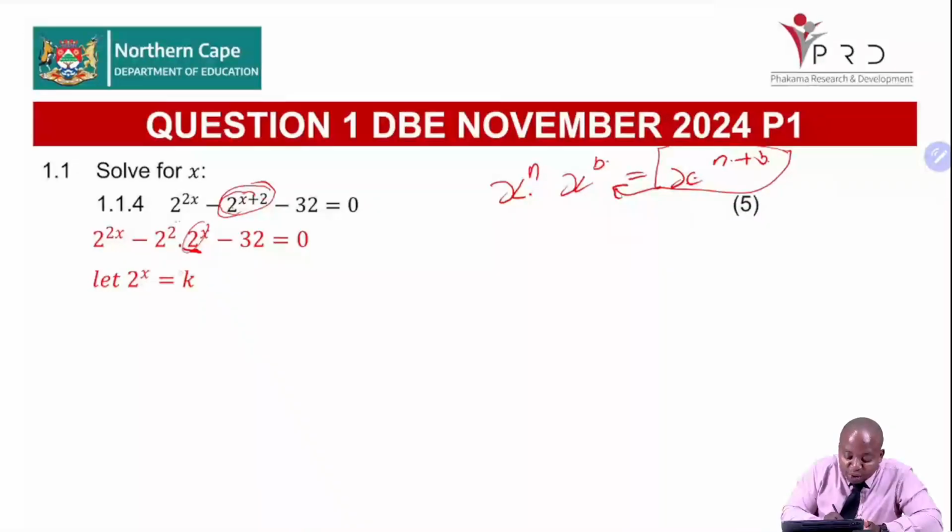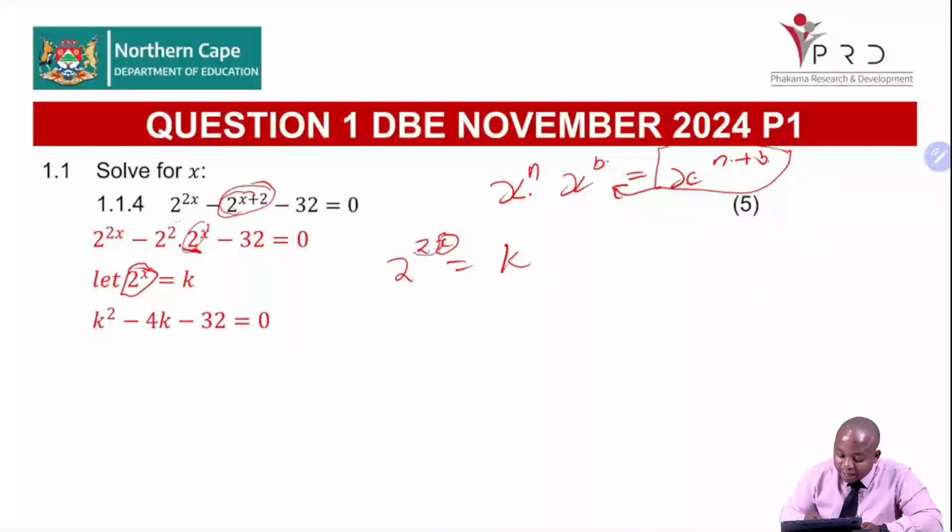So I'm going to say 2 to the power x is going to be my k. Whenever I see 2 to the power x, I replace it with k. So 2 to the power 2x is going to be k squared, because 2 to the power x is k.